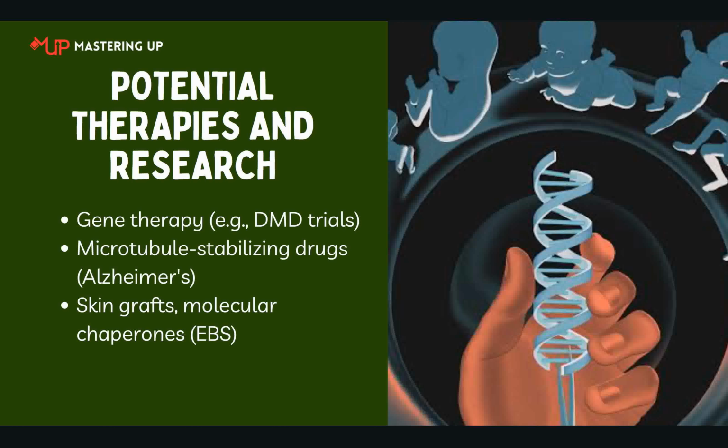Treatments for EBS include protein chaperones to support proper keratin folding and skin grafting techniques. As our understanding of cytoskeletal protein functions deepens, so do the possibilities for precision therapies that target the root causes of these disorders.